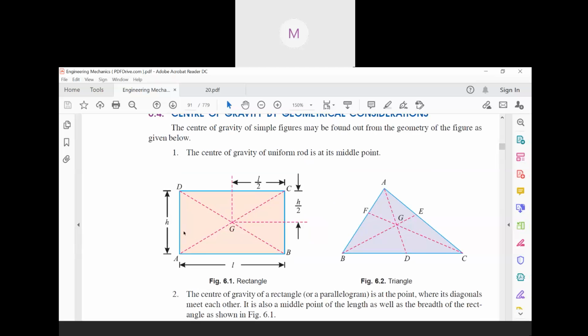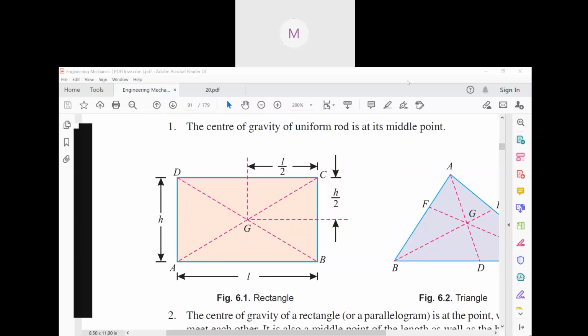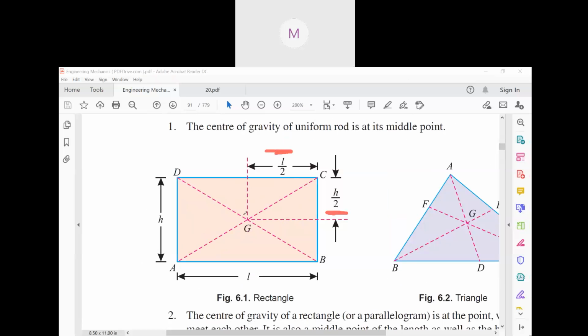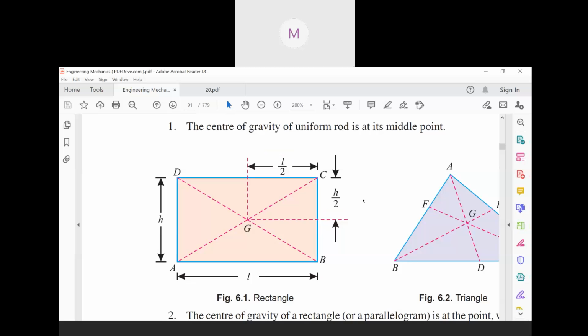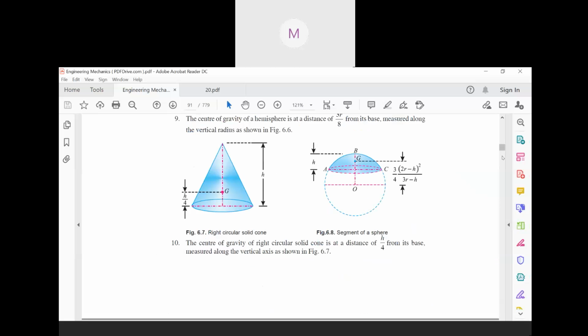For a rectangle, the centroid is at a distance of h by 2, and for this side it is l by 2 for this point. Yesterday we discussed this thing. Do you remember this thing? Okay, fine, so remember this now, I'll tell you.